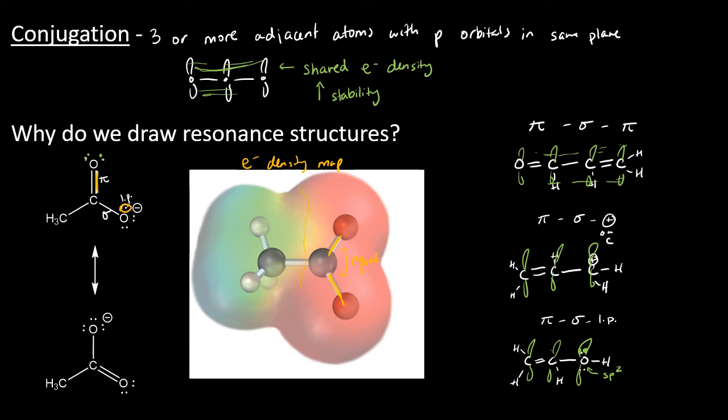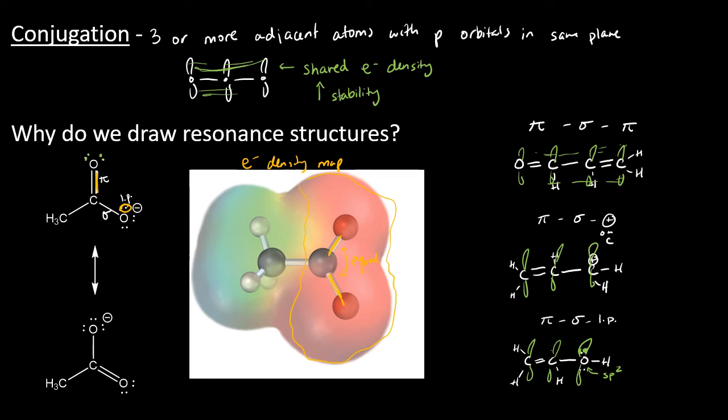So you can see that the negative charge is evenly spread around the oxygens and even a little bit to the carbon. So we can only explain that by looking at more than one Lewis structure. All right. So basically we draw resonance structures if one Lewis structure doesn't give us a full enough picture to understand the properties or the reactivity of the structure that we're dealing with.